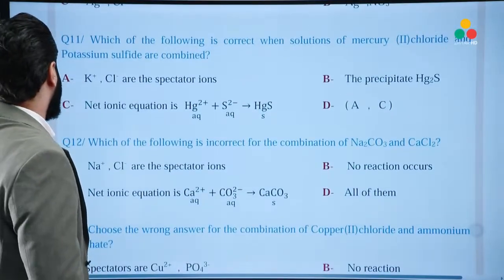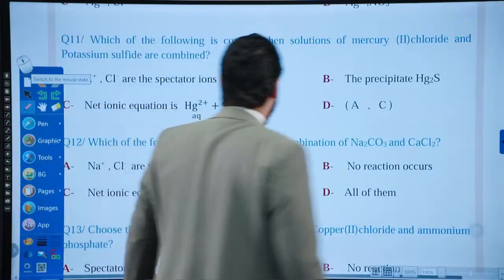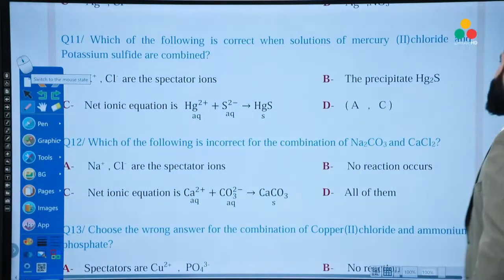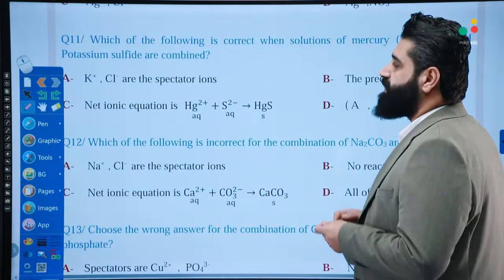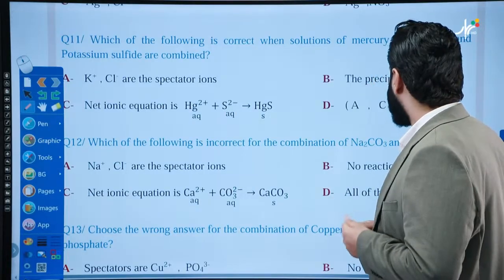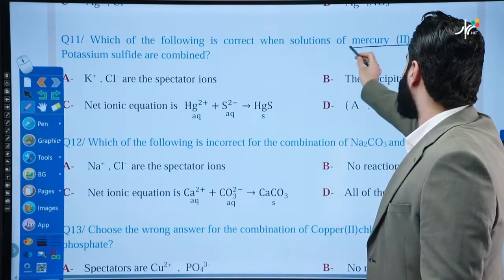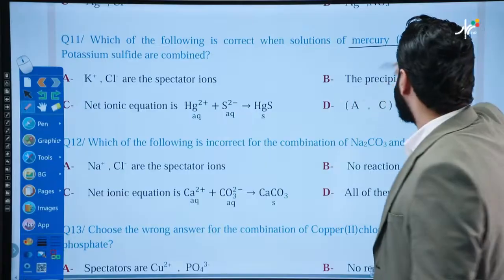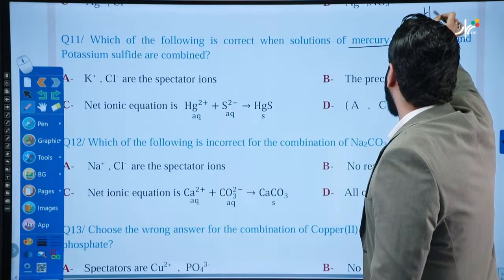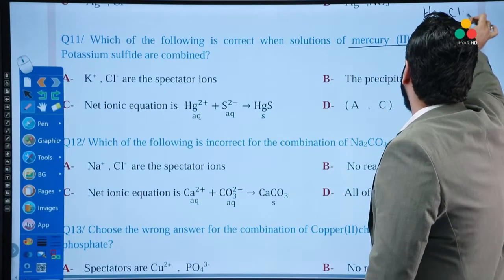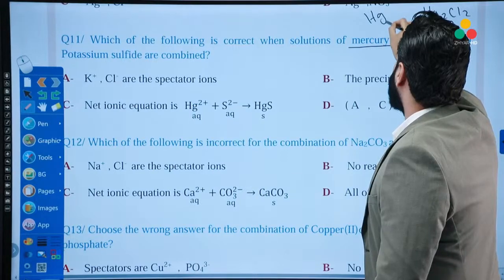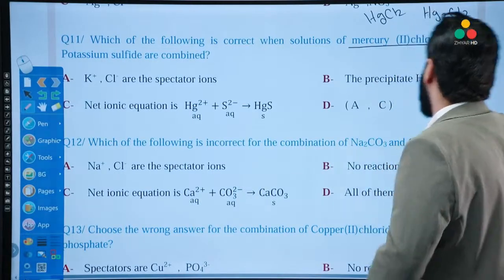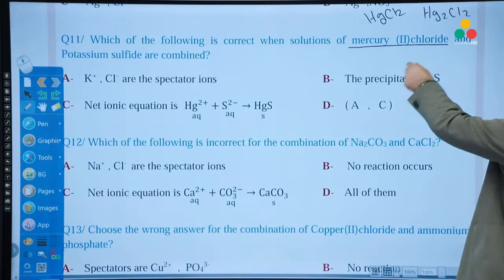Another question. Which of the following is correct when solutions of mercury chloride and potassium sulfide are combined? Look, mercury dichloride. Don't confuse it with the other one. I'll write both formulas. Which one is more appropriate for this compound?